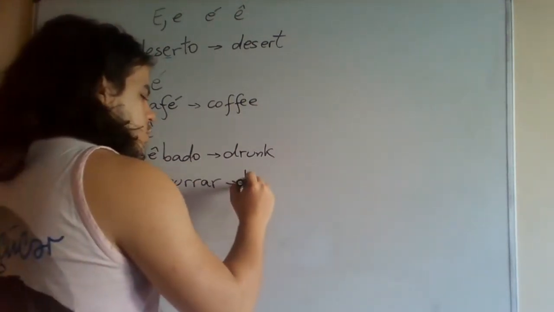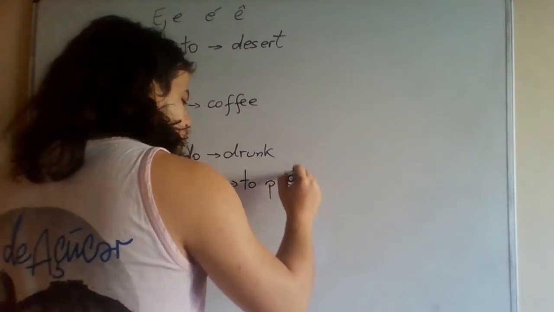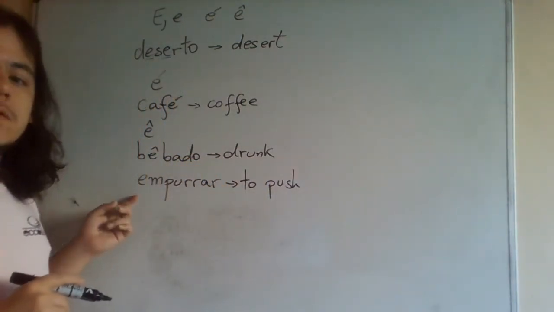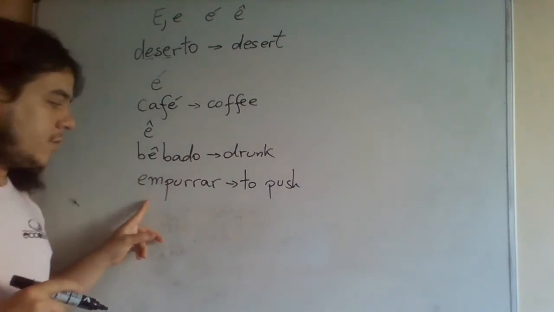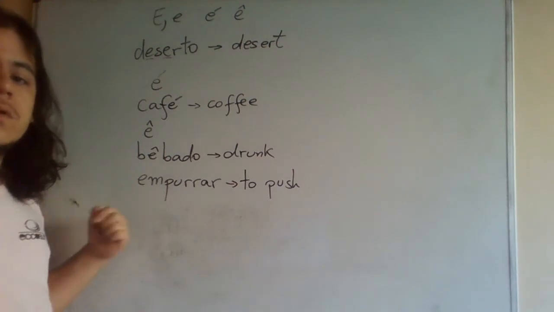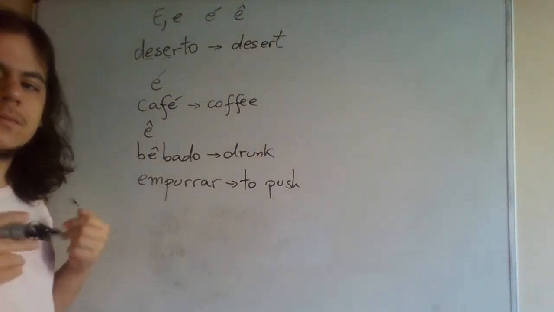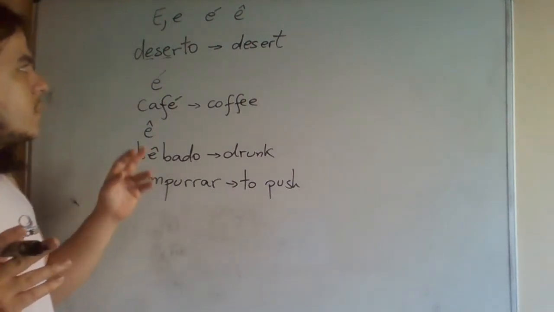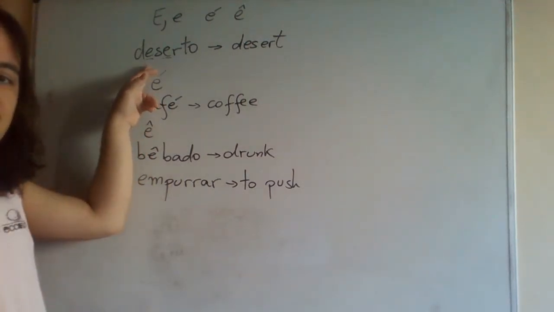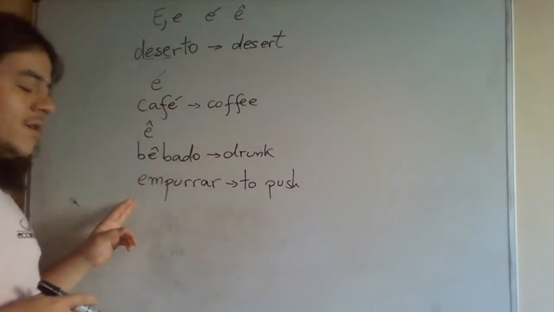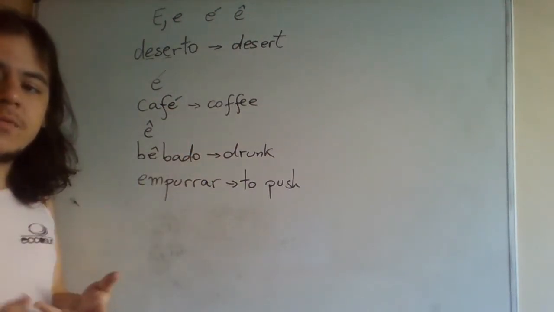It means to push. Empurrar. So here we have letter E before letter M. They are in the same syllable, so we say en, empurrar. Can you notice the difference? Here is E, deserto. Here is café. And here is en, empurrar.